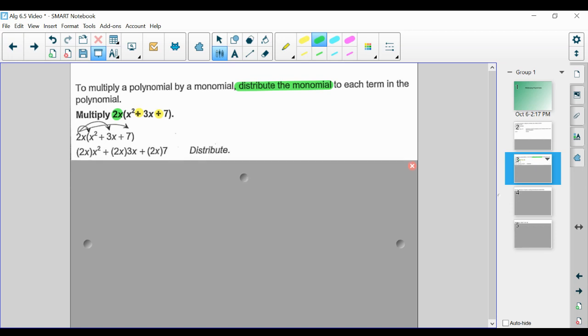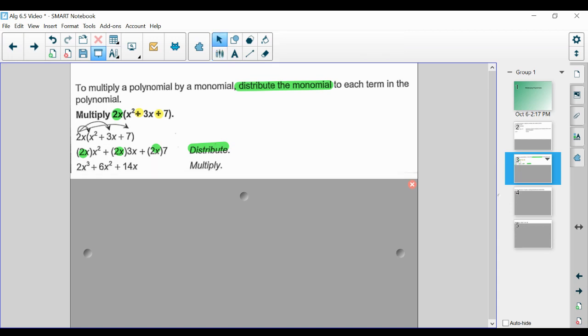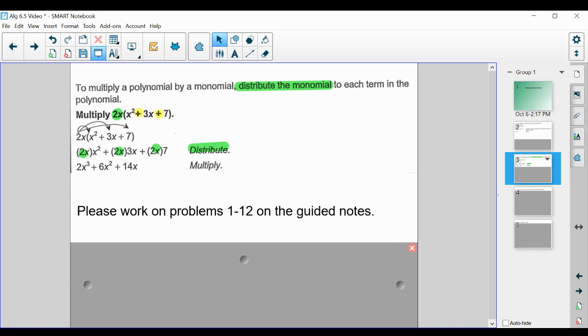So now we have 2x times x squared plus 2x times 3x plus 2x times 7. Because again, we distributed that 2x. Now we can simplify, and we get 2x to the third plus 6x squared plus 14x. Awesome. With this in mind, please work on problems 1 through 12 on the guided notes and resume when you're ready to move forward. Remember, draw your arrows.